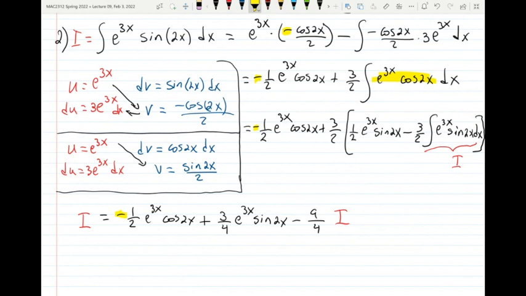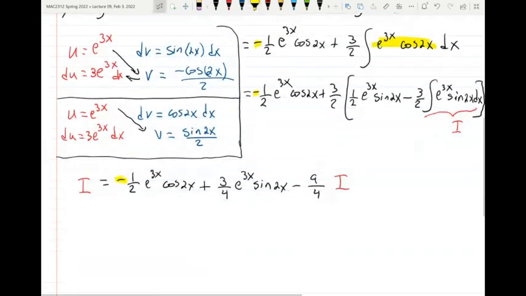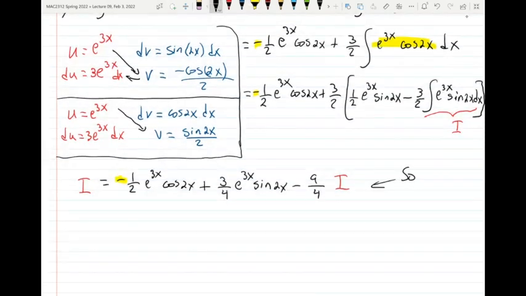Okay, anyways, now you know what to do, right? So the idea now is that we solve for I. So I'm gonna add I. So 9/4 I plus I is gonna be equal to this.